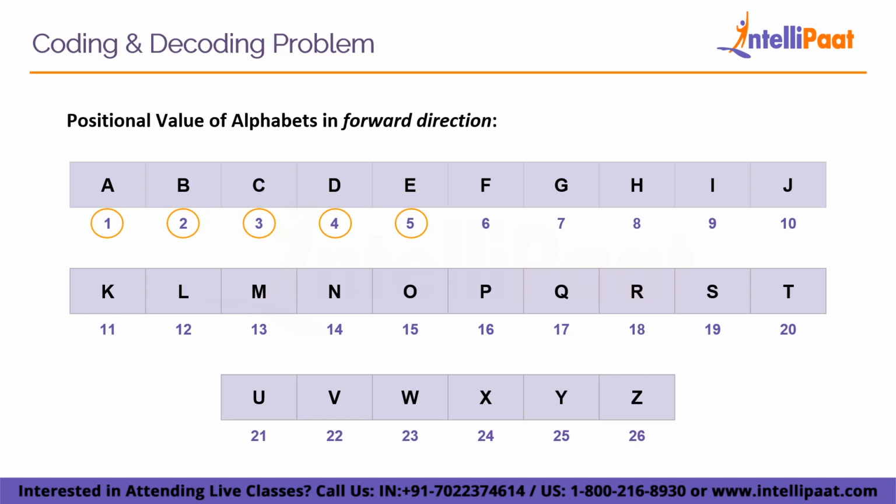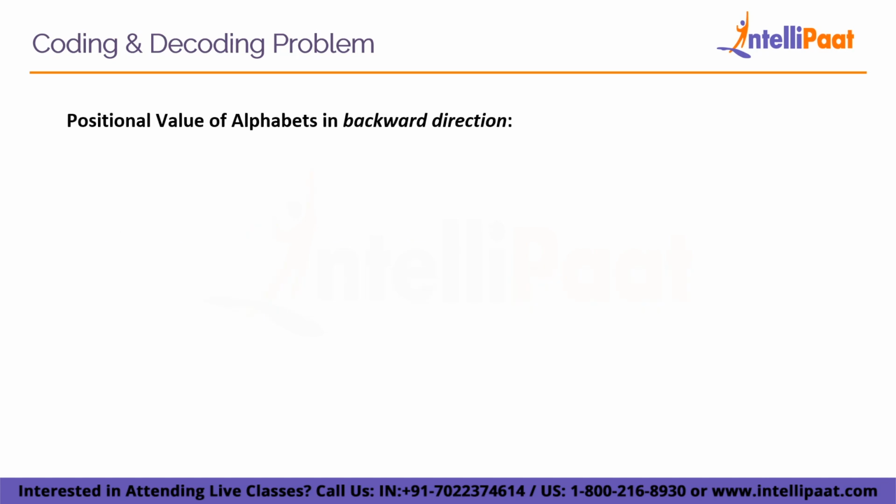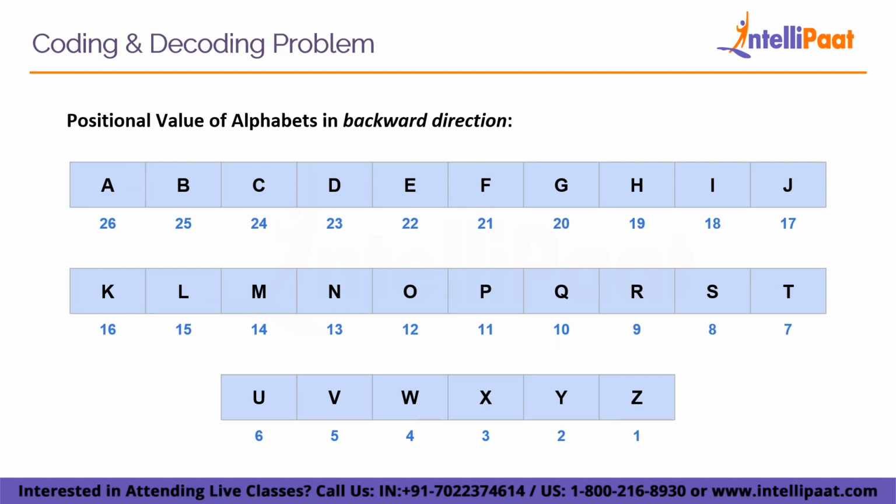So these are the values in forward direction. And in the same manner, if we see this in the backward direction, we have A as 26, B as 25, C as 24, D as 23 and so on. So while solving the problem, we need to keep these values in our mind that will help solve these questions faster.